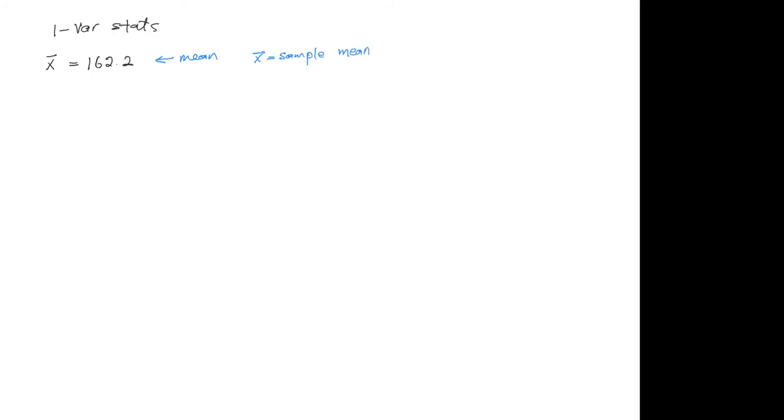Your GC, it doesn't matter whether sample mean or population mean, it still will show like that. So this can also mean the population mean. Later in chapter 7, I will show you how you know that that is a population mean.